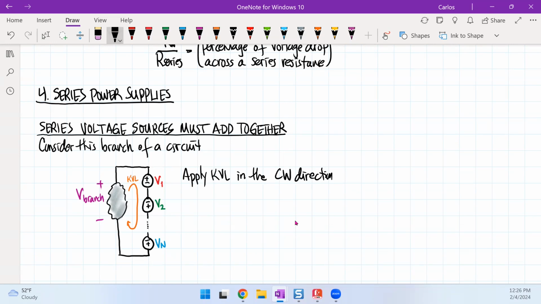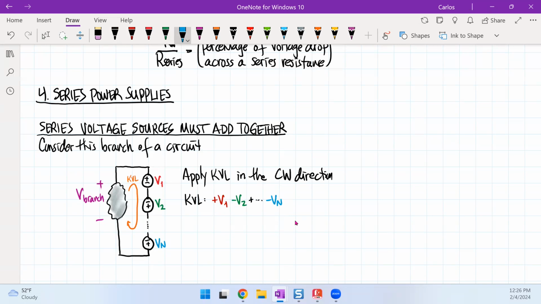If I look at this, this is what KVL tells me. I get a positive V1. And if I go to the green, I get a negative green. Then I have a series of sources. Then I get to the blue, and you can see that I encounter a blue symbol.